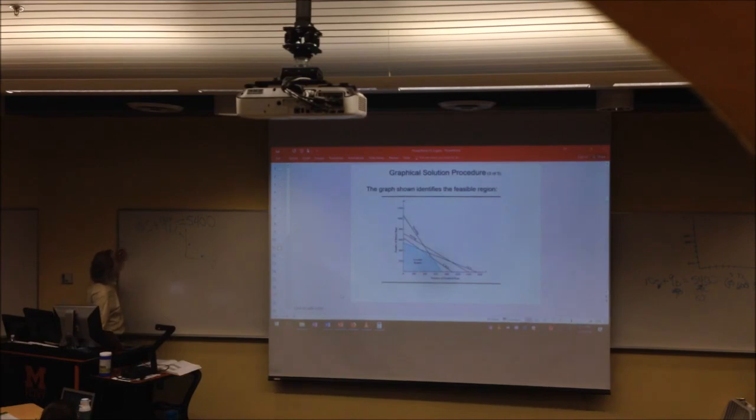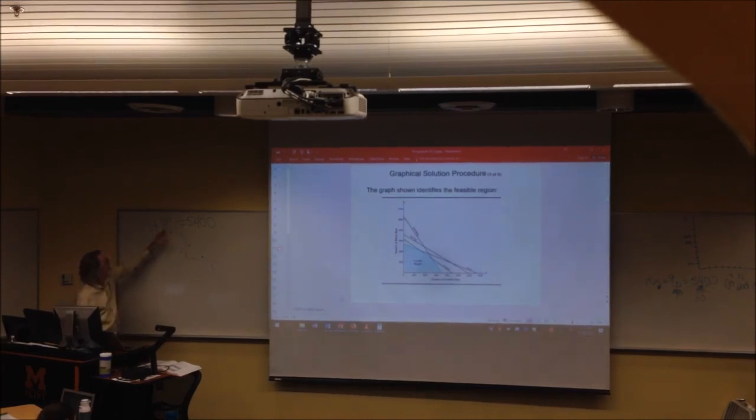Give me the numbers here. This is going to be my S, this is going to be my D. We're going to get 2 points. Let's make our S 0. 5,400 divided by 9, what is that? 600? So 0, 600. Now I'm making my D 0, so I have 5,400 divided by 10, that's 540.